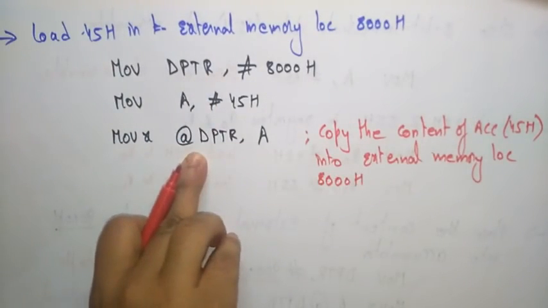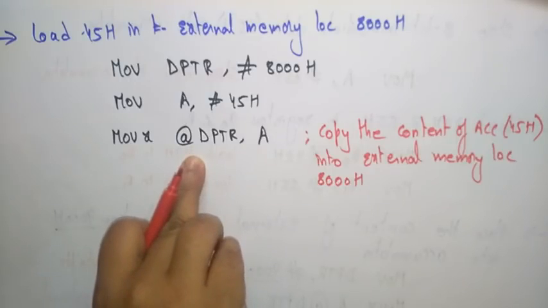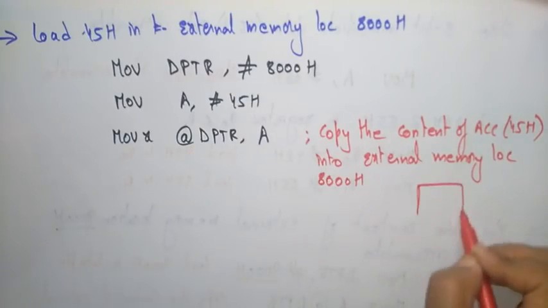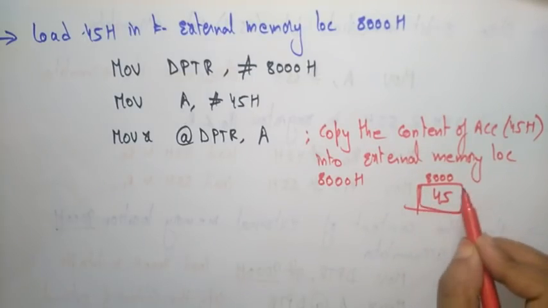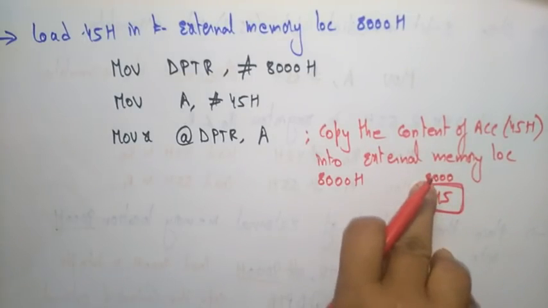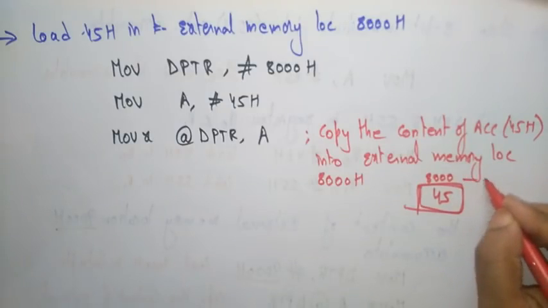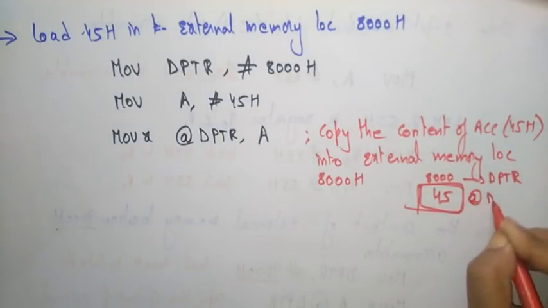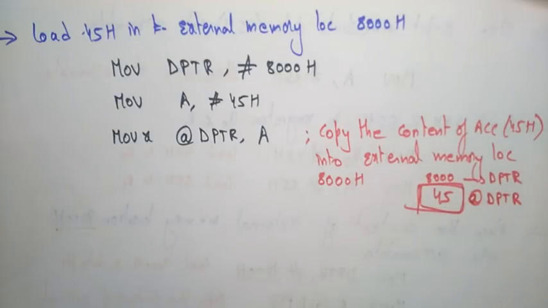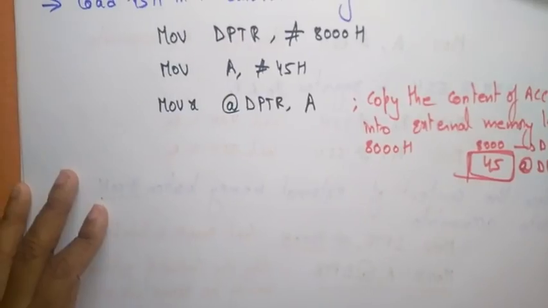So @DPTR means in that 8000 location 45 is moving. So @ means the content, and 8000 is in DPTR, this is the DPTR and this is the @DPTR. Okay, so let me write another program.